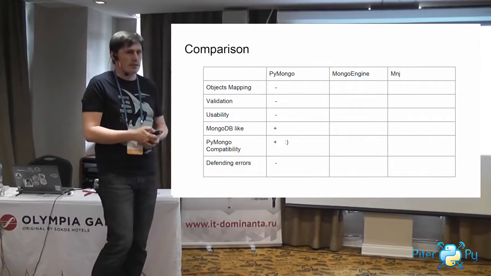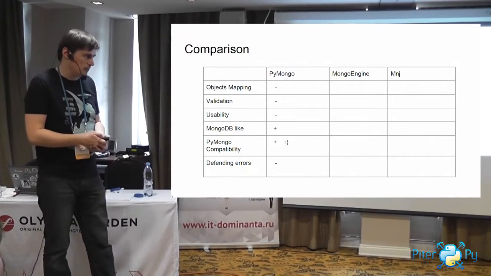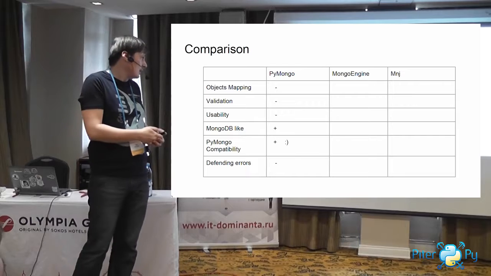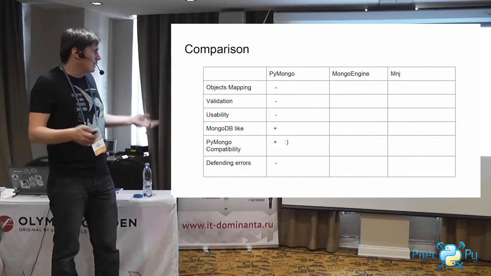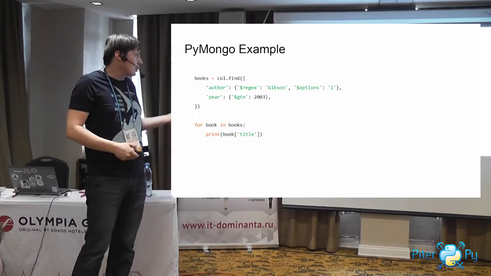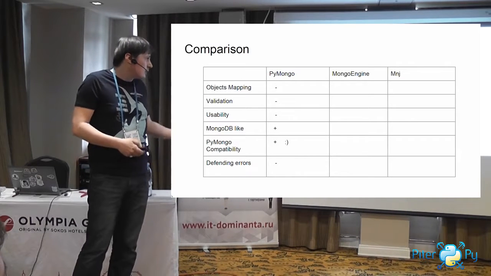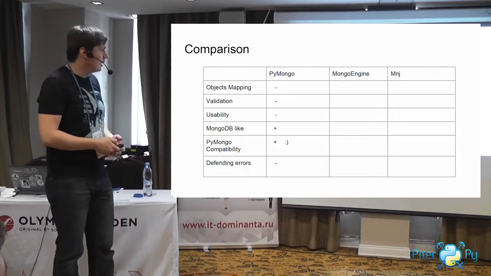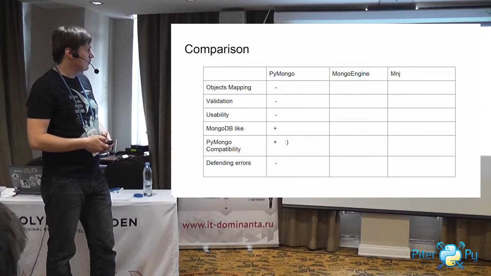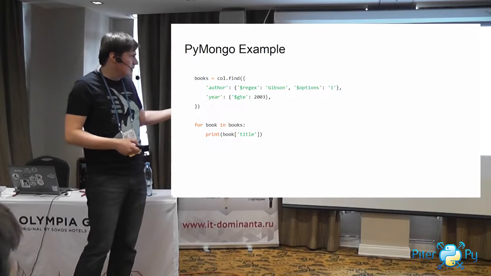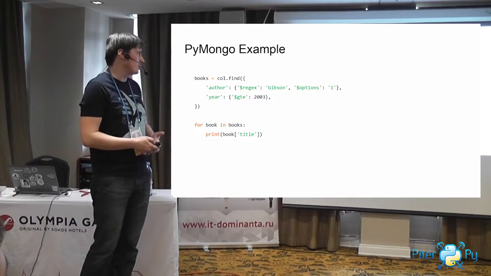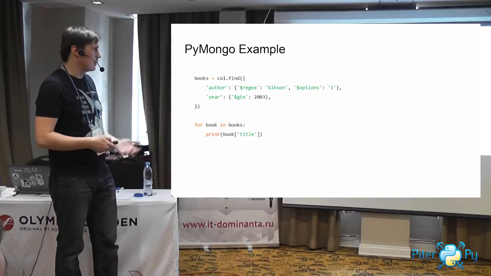So I think that the usability is not very good, and it definitely looks like MongoDB, and it's compatible with itself, of course. And this is highly error prone. I really can't stick with it.